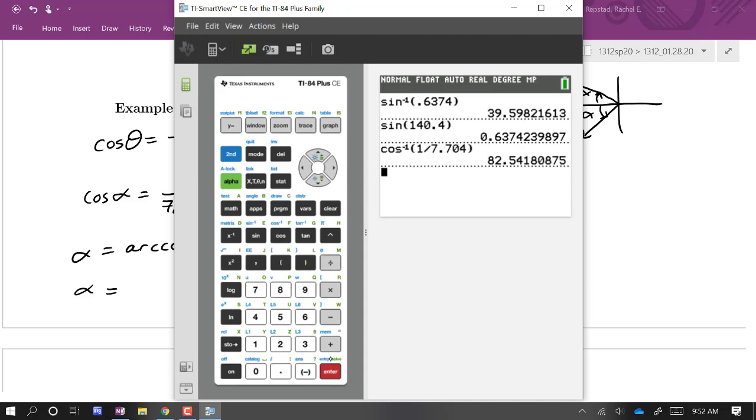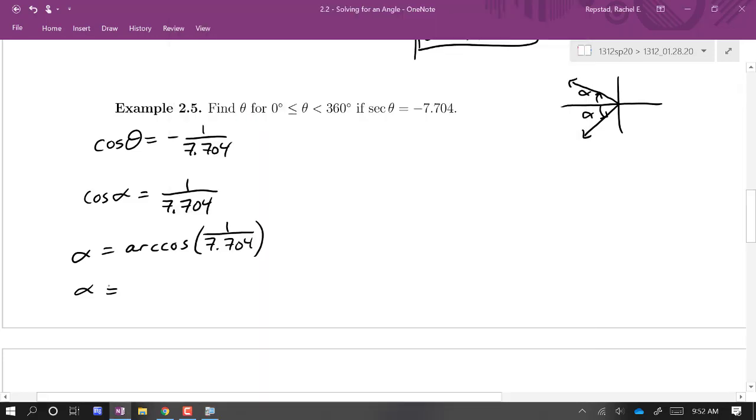So 82.5 degrees. Now, let's find the angles we want.